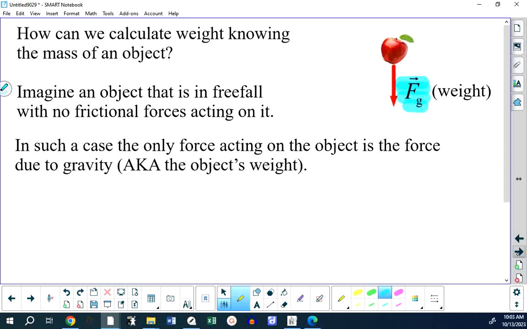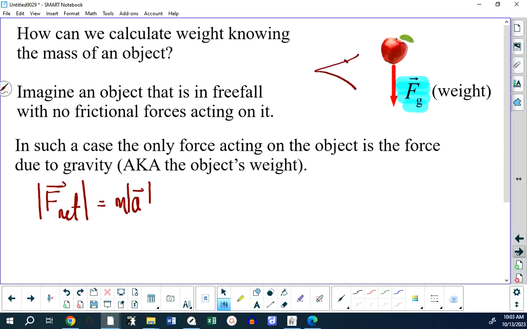So F net equals ma. And I told you that this is one way to describe the net force, and the other way to describe the net force is to look at the free body diagram. Well, what is the net force according to the free body diagram? It's the force of gravity.